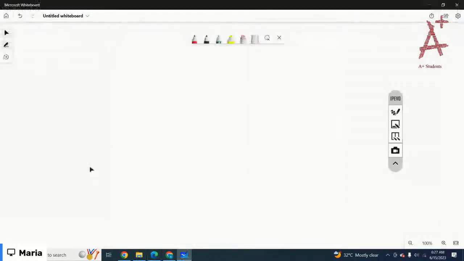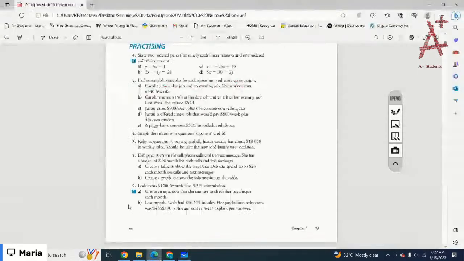It would be the amount she earns is 1,200 and the commission is 3.5%. So 3.5 divided by 100 means that would be 0.035x. Got it? Okay, now the other B part is: last month Lee had $96,174 in sales.